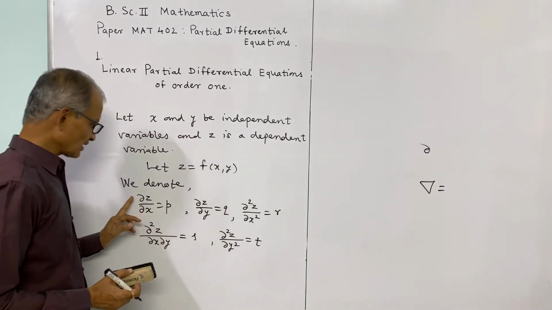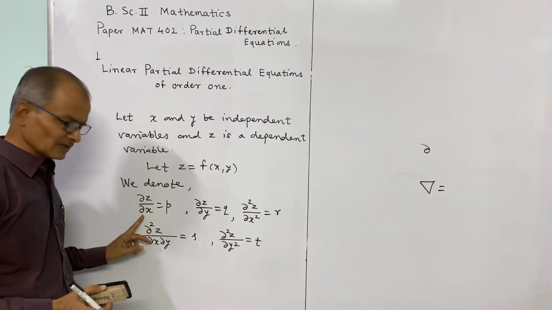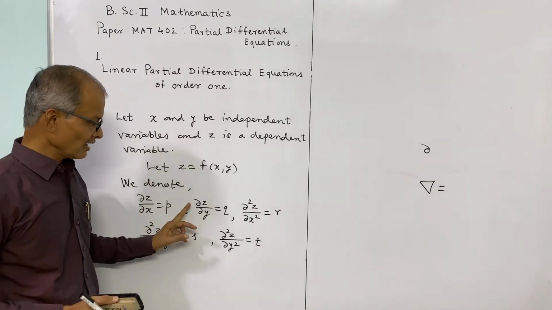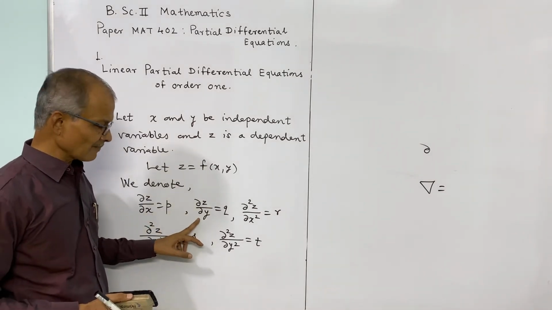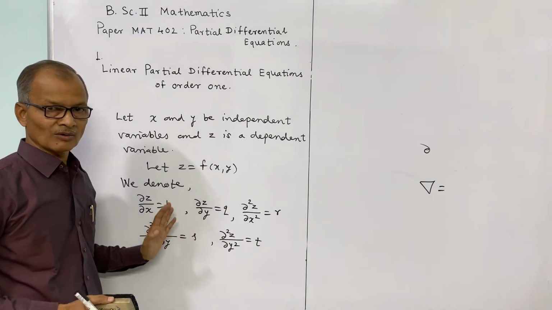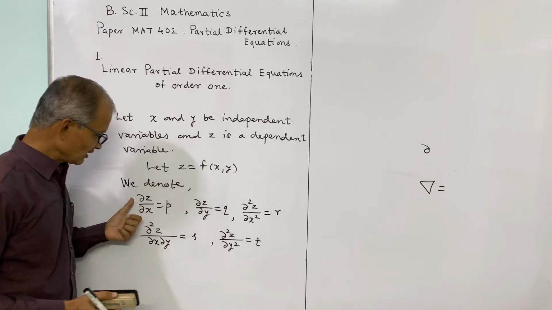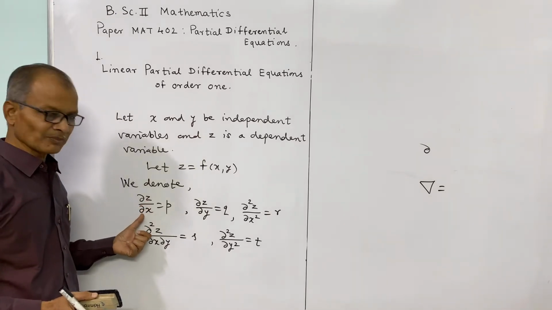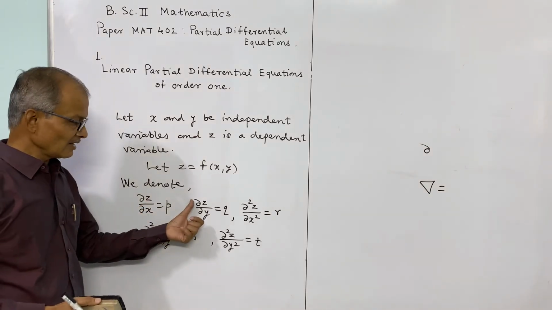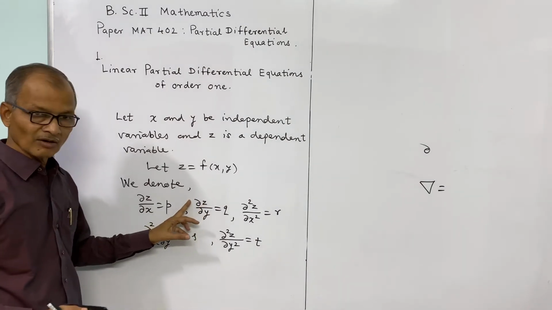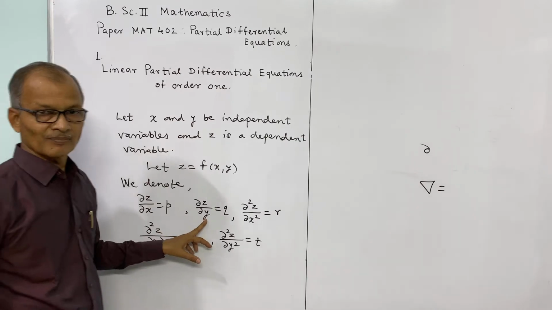So this is a partial derivative of z with respect to x, or we say do z by do x. Partial derivative of z with respect to y, or we may say do z by do y, or sometimes it is read as partial d of z by d of x, partial d of z by d of y, and so on.